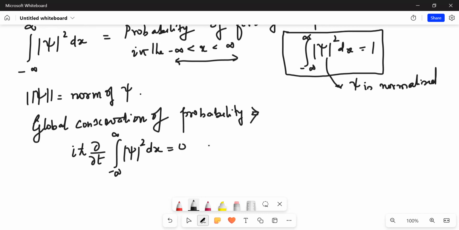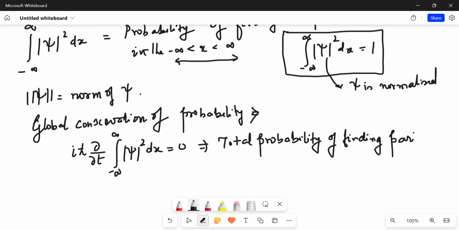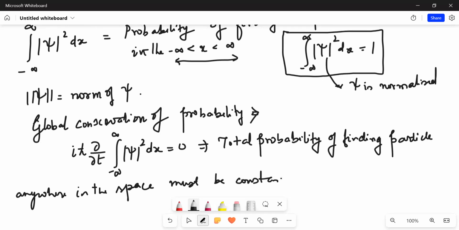What does it imply? It implies that the total probability of finding the particle anywhere in the space must be constant.